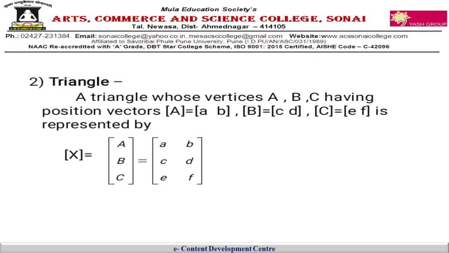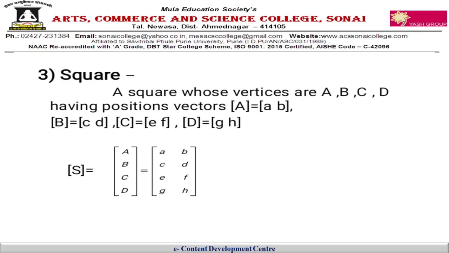The next object is a triangle. A triangle whose vertices A, B, C have position vectors A = [a b], B = [c d] and C = [e f] is represented by the object X equal to the matrix with rows [a b], [c d], [e f].